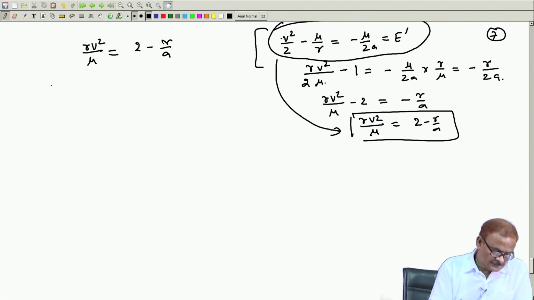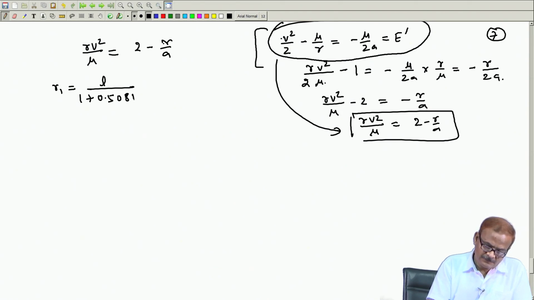Okay, so here R 1 is L by 1 plus 0.5081941 cos 150 degree, and this gives us a value of R 1 equal to 2 point... and L is also known.